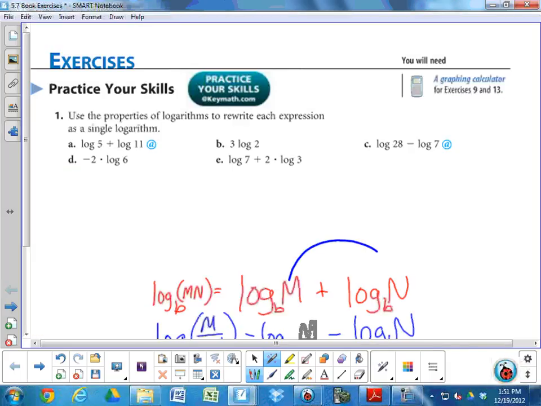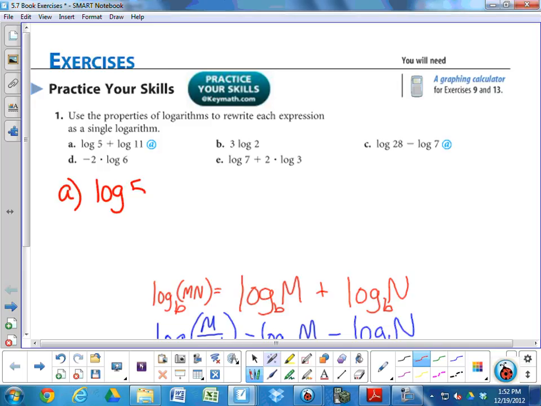You have 2 logs being added. What can you do with the m and the n? Multiply them. So instead of separately doing log 5 plus log 11, make it log of 5 times 11. So what's A? Not just 55, log 55. And what I want you to do is check that on your calculator.